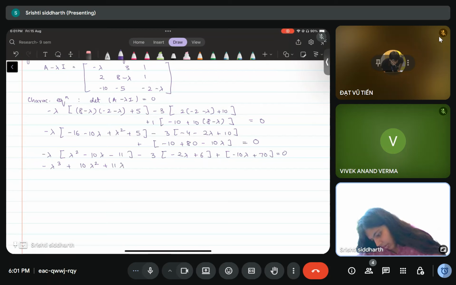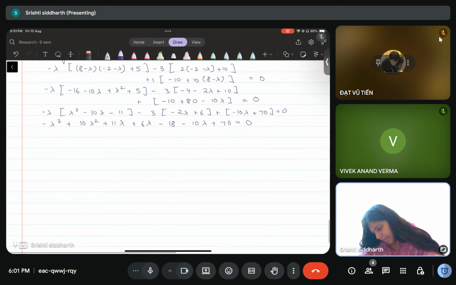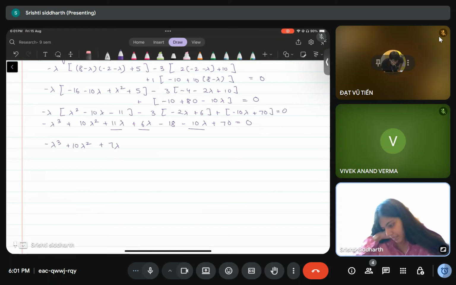Then we have plus 6 lambda minus 18. So this is minus lambda cube plus 10 lambda square, plus 7 lambda, and then 70 minus 18, which becomes 52.